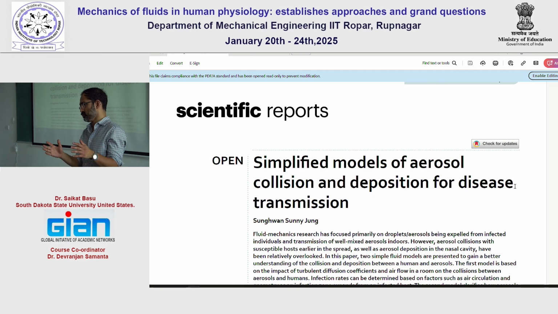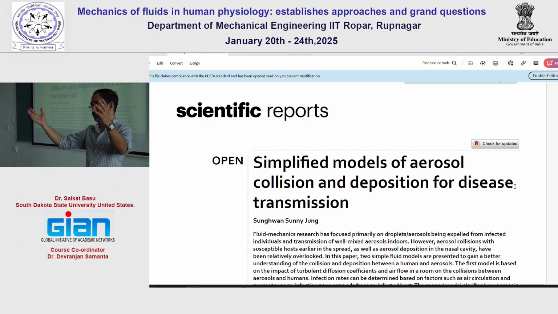He looked at two different time scales. First, how is the room level mixing happening? Right? So that is what the paper starts out with. And then he goes to what is going to happen inside the respiratory tract. Per hour, how much recirculation is happening? What is the radius of that infected person?